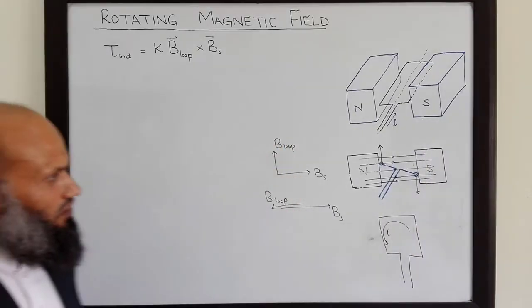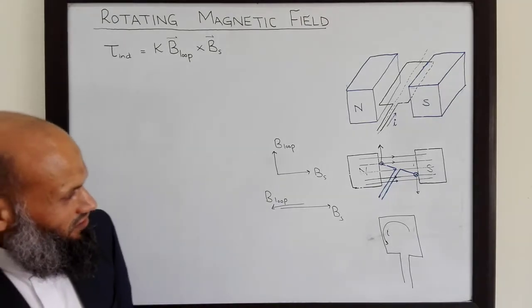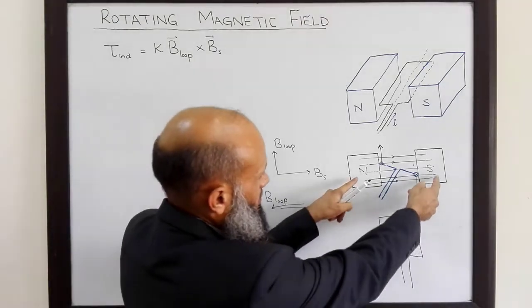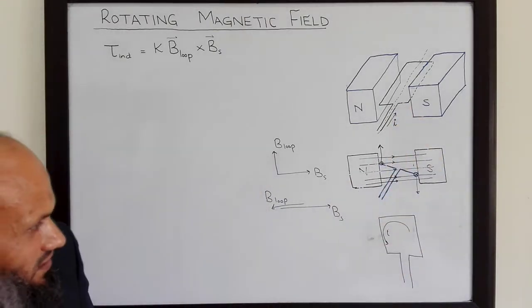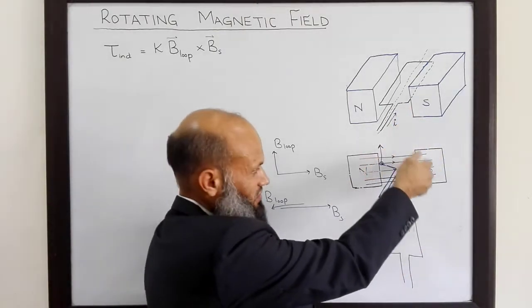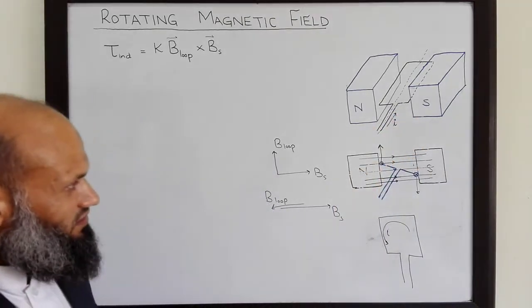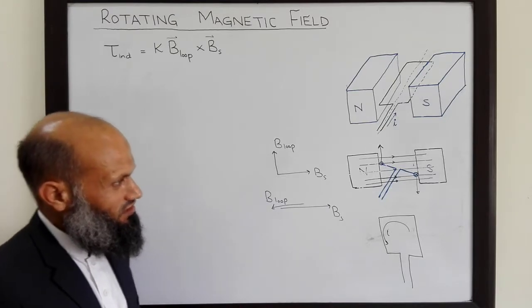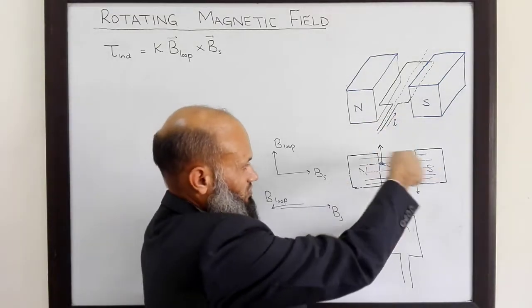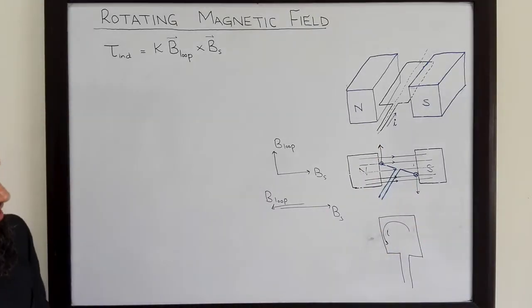If the coil is at this orientation, there will be no induced torque and no further rotation of this coil. So how do we keep this coil rotating? One possibility is that we also rotate the stator poles. As the coil gets rotated, we also rotate the stator poles, and then the coil will chase the stator magnetic field, and if the stator poles are rotating, the coil will also keep rotating.